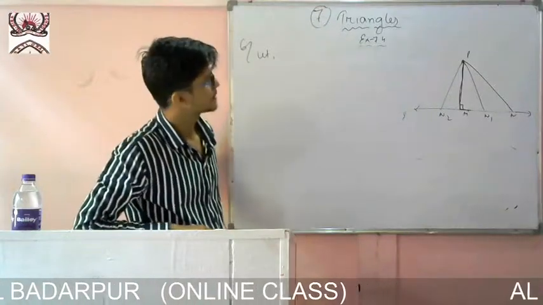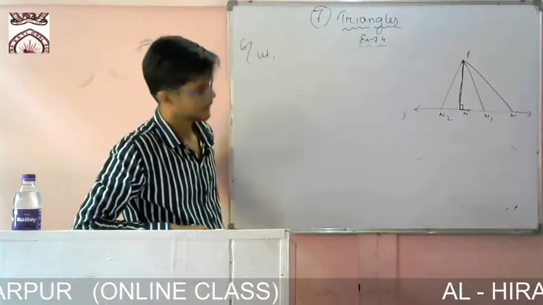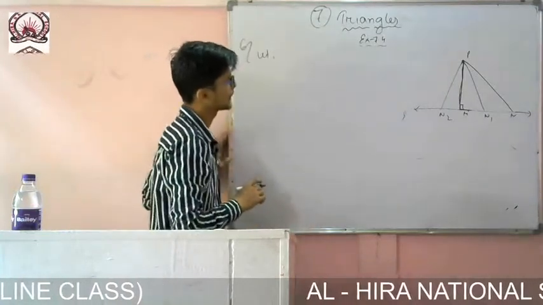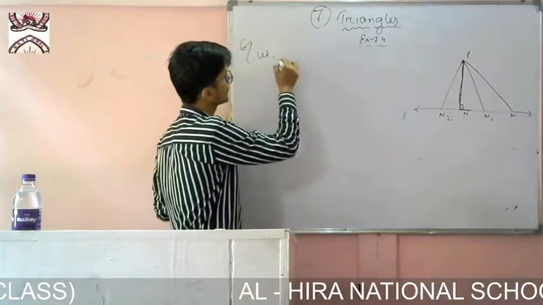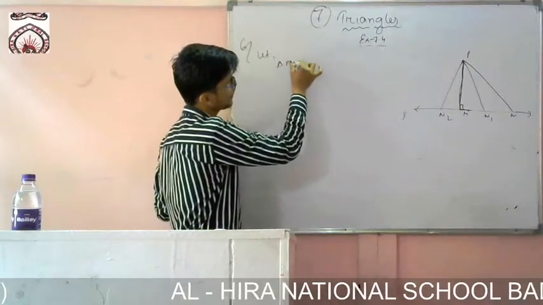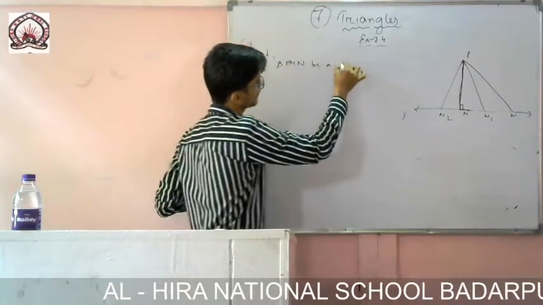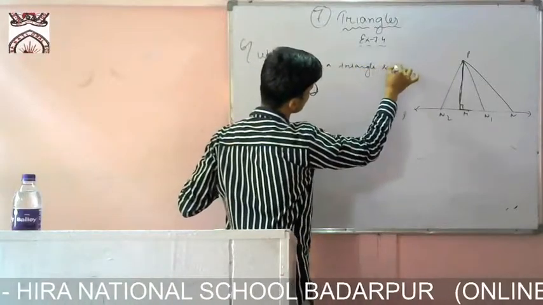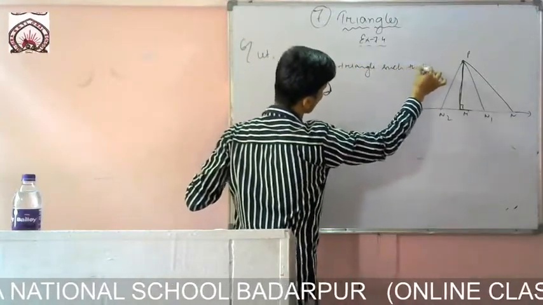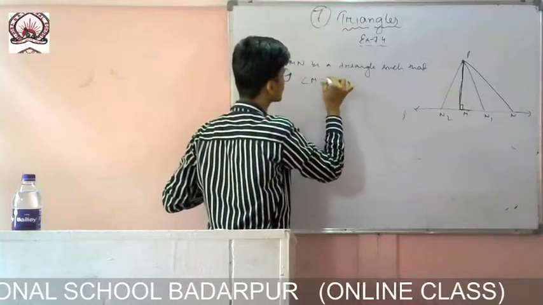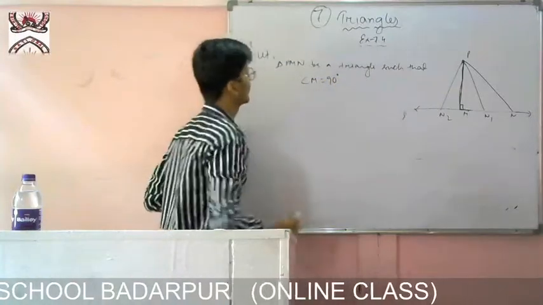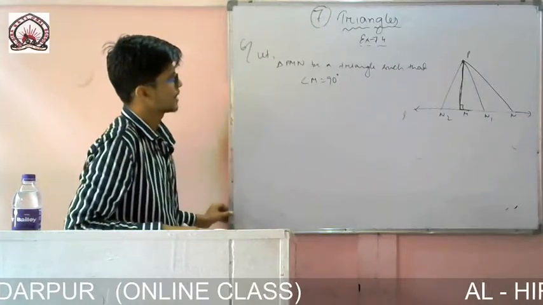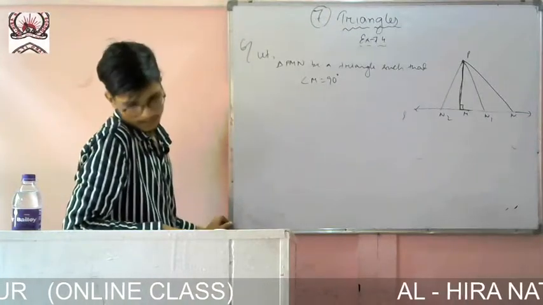You write like this: let triangle PMN be a triangle such that angle PMN is equal to 90 degrees.